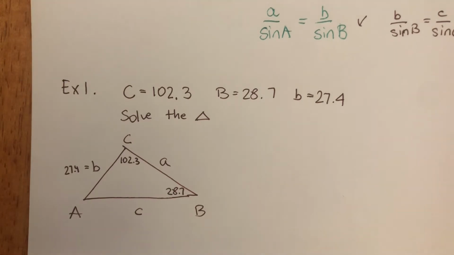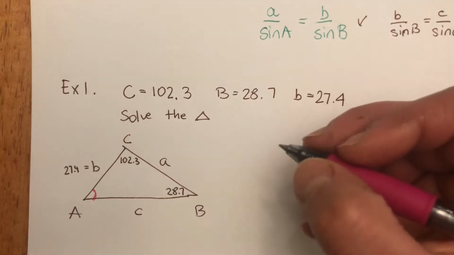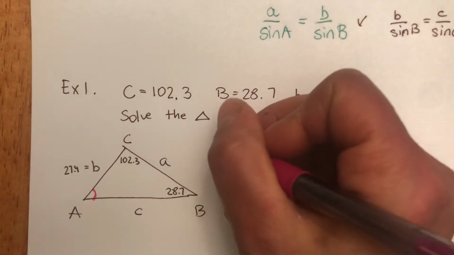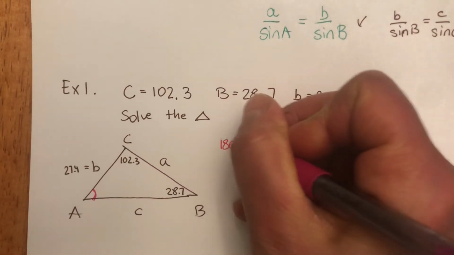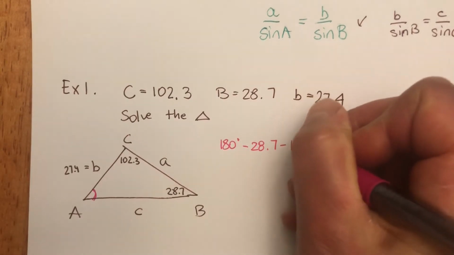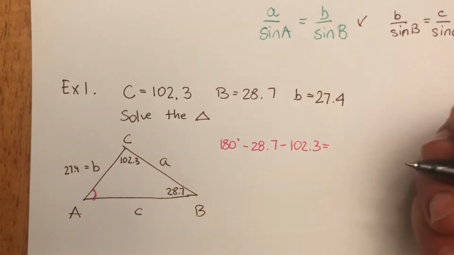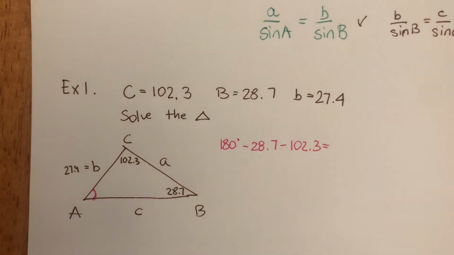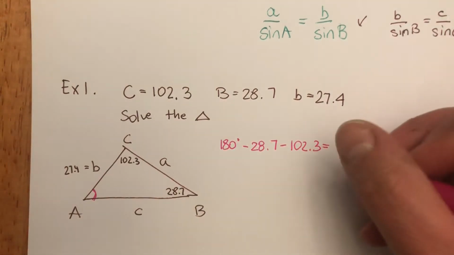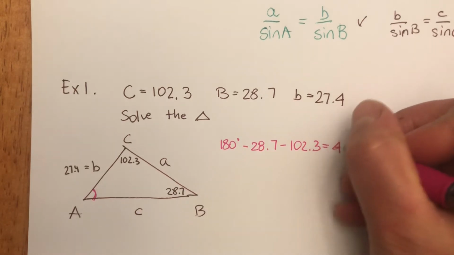All right, well, what is the thing that I can find first? There's this angle A, and I can very easily find it because if I do 180 degrees and I take away 28.7 and I take away 102.3, I am going to get 49, I believe.